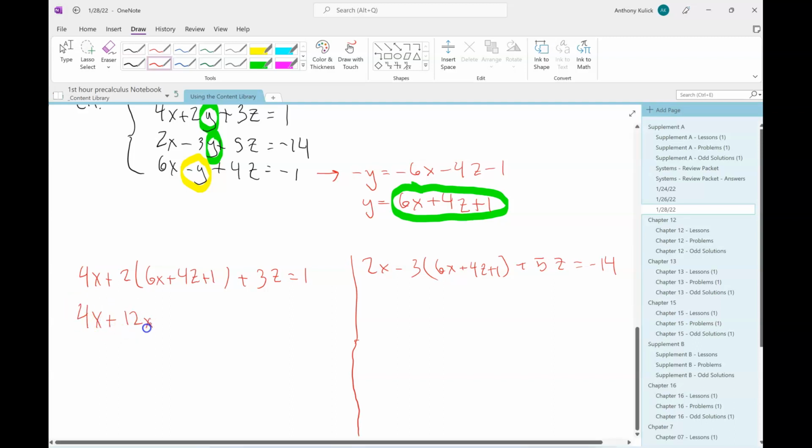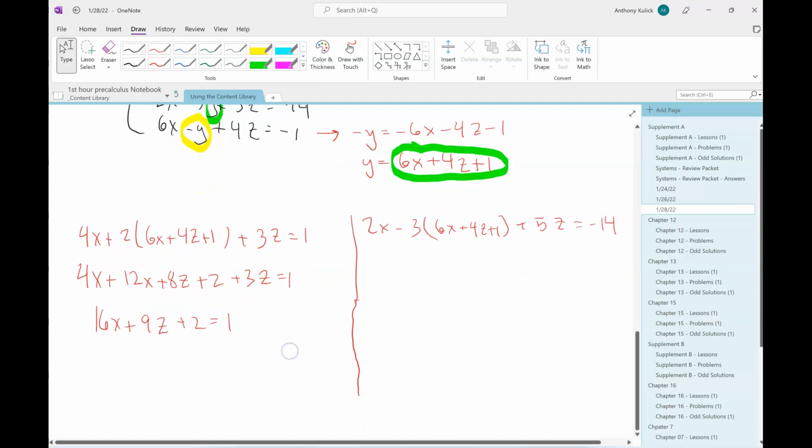So now I'm just going to simplify things. So I'll distribute through my 2, and then combine my like terms. And then I'm going to move that constant over to the other side. And now that's as simplified as I can get.